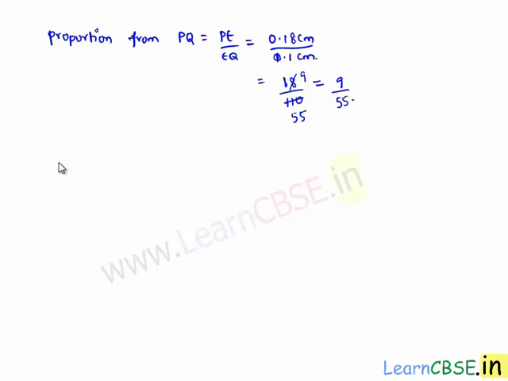Let us also find the proportion from PR, which will be equal to PF by FR. PF is given as 0.36 centimeters divided by FR, we found it as 2.2 centimeters, which is equal to, let us multiply and divide it with 100 so that it could be converted into simple fraction.